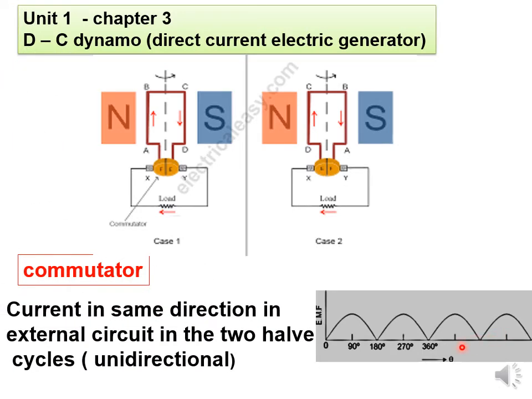The current here is in the same direction in the external circuit in the two half cycles. This is done by the commutator, which is called unidirectional current.